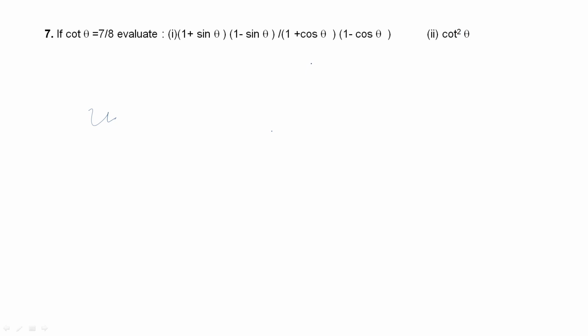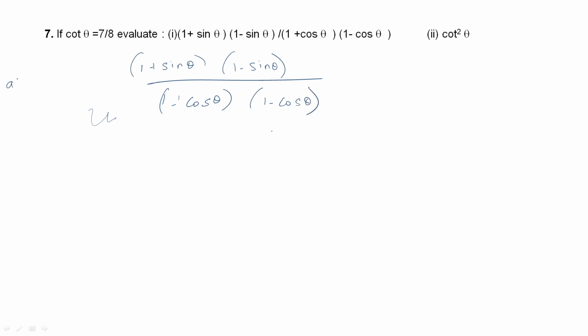So next question, cot theta is given. We have to find out the value of 1 plus sin theta into 1 minus sin theta, divided by 1 plus cos theta into 1 minus cos theta. Okay, fine. So this is the question, right? So we can use a plus b into a minus b.